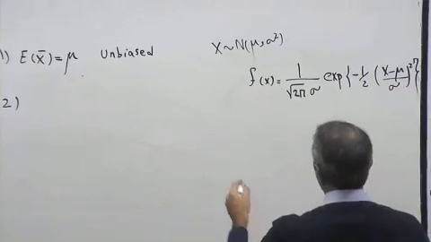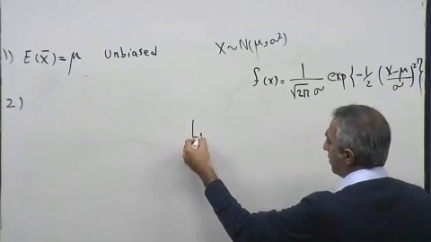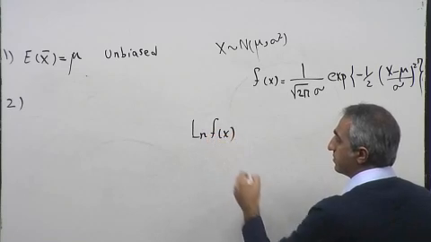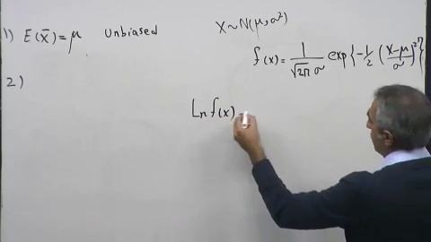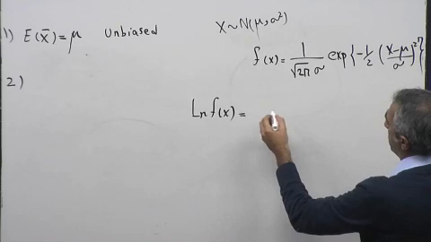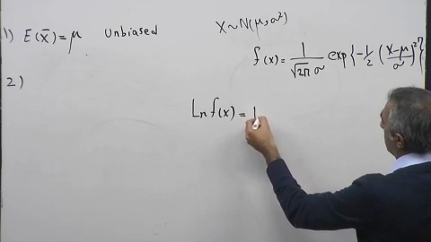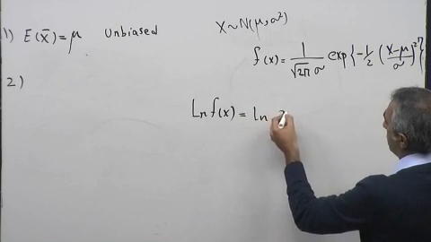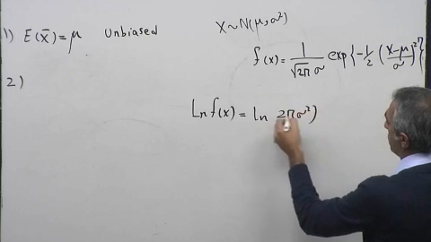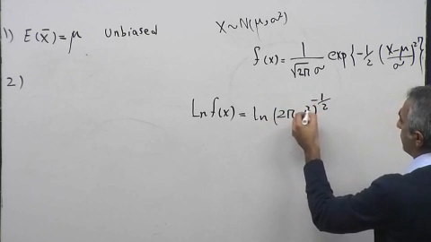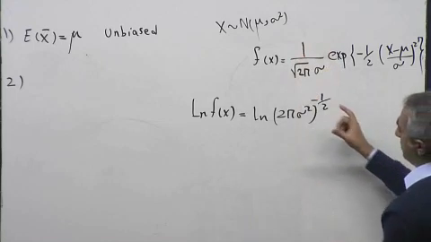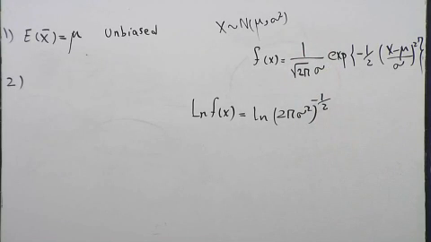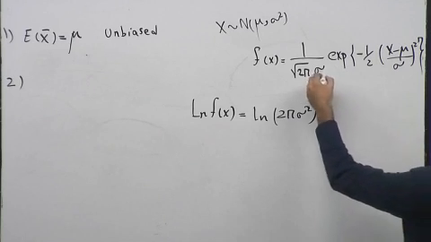I need to find the natural log of f of x. So what would be that one? It's minus the log of 2 pi sigma squared, minus 1 over 2. I just changed it a little bit, but that's basically the same thing here.